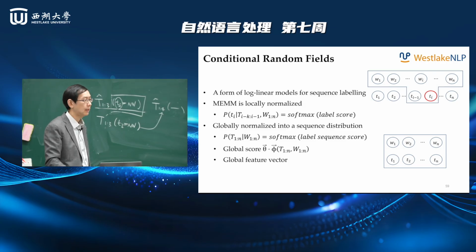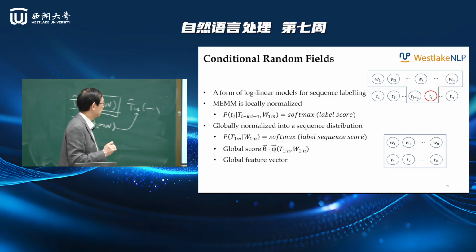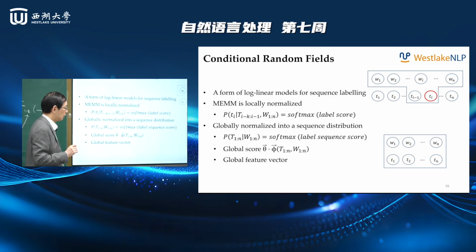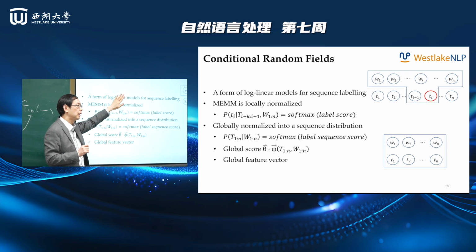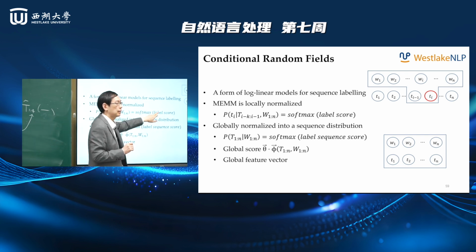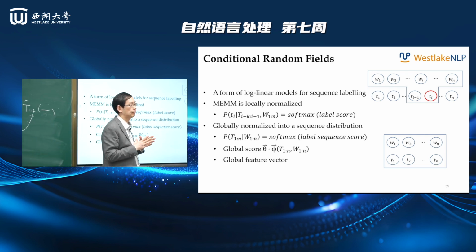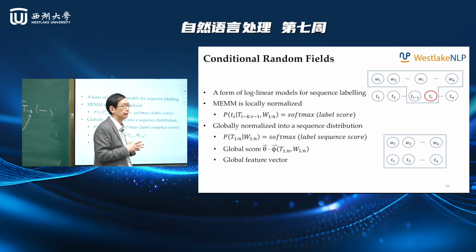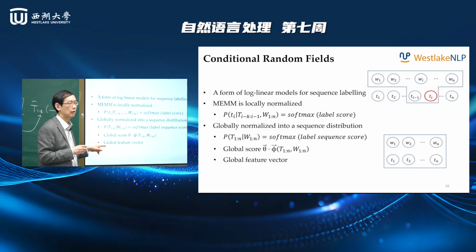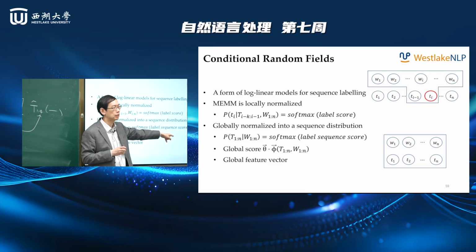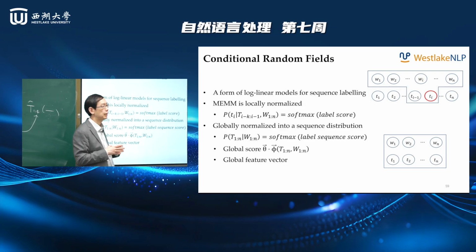So let's compare the idea of conditional random field with MEMM. The picture on top shows you MEMM. Okay? We maximize the tag probability given the previous tag. Local model. Conditional random field is another feature-based model. We optimize the whole tag sequence probability as the training objective.